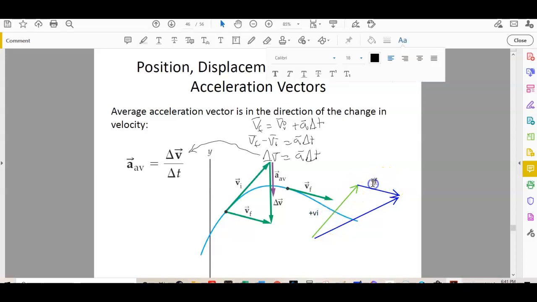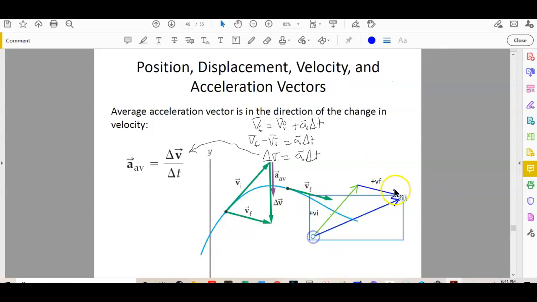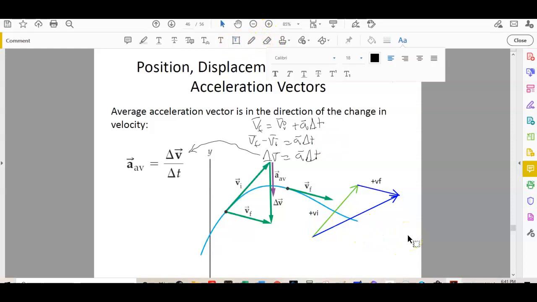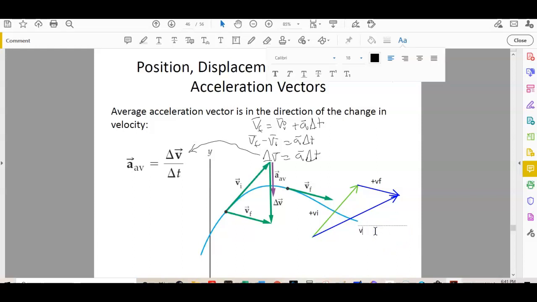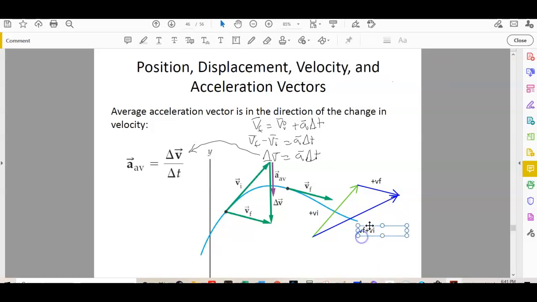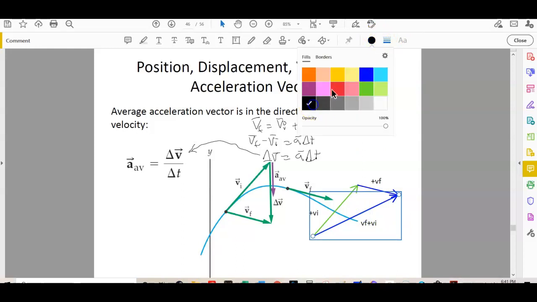And this is the positive final velocity vector. So by adding these two together, you're basically getting just v final plus v initial, right? Which is fine if you want to do that kind of stuff. And I'm going to use black as the resultant vector of this.